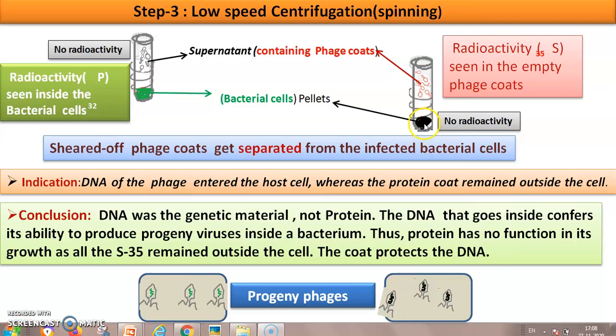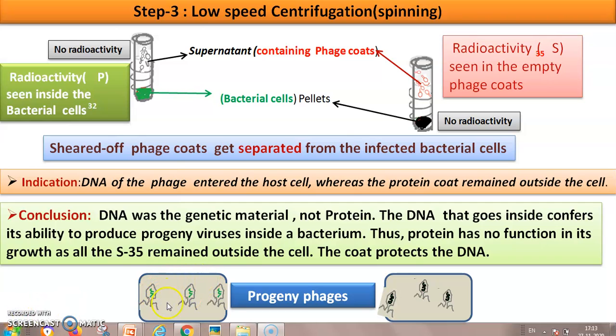In this bacterial cell, when the progeny cells were checked, they were not having radiolabeling. They did not show any radiolabeled substance. That means that protein was not the genetic material. Instructions were not given by protein. If instructions were given by protein, then sulfur also would be incorporated in the protein coats of the progeny. So instruction is given by DNA.